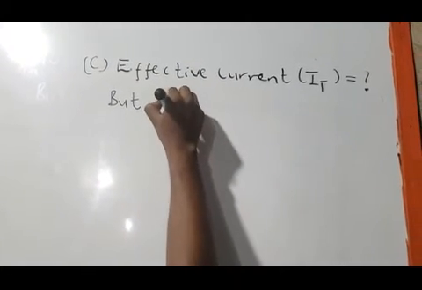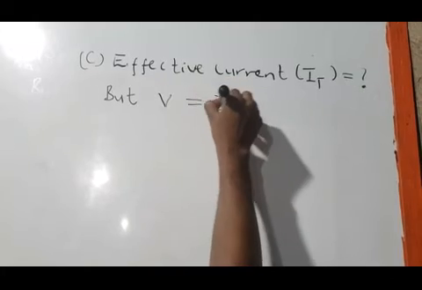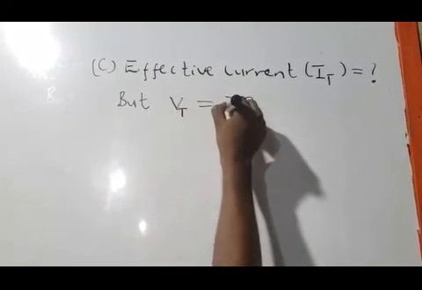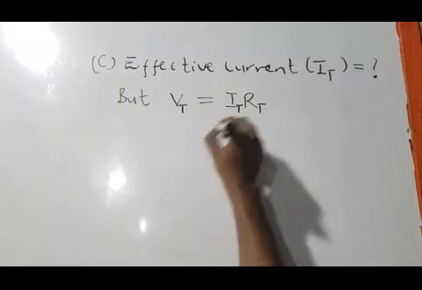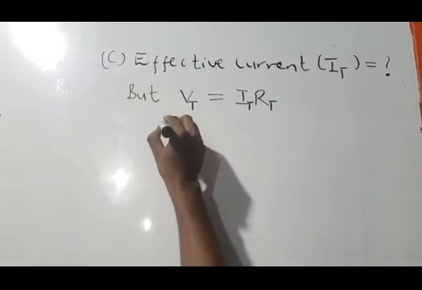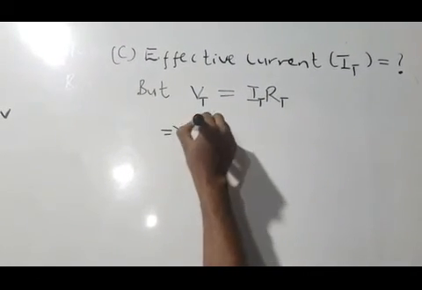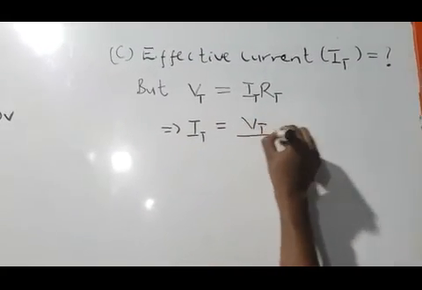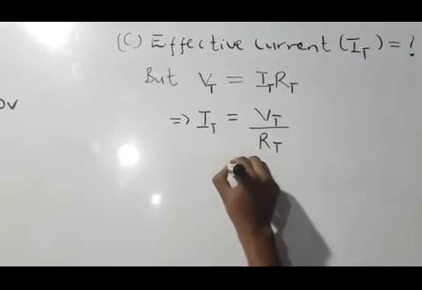It says that V is equal to IR. So we are dealing with total. Your total voltage will be equal to the total current times the total resistance. So if you make the total current the subject, that will be the total voltage over the total resistance.